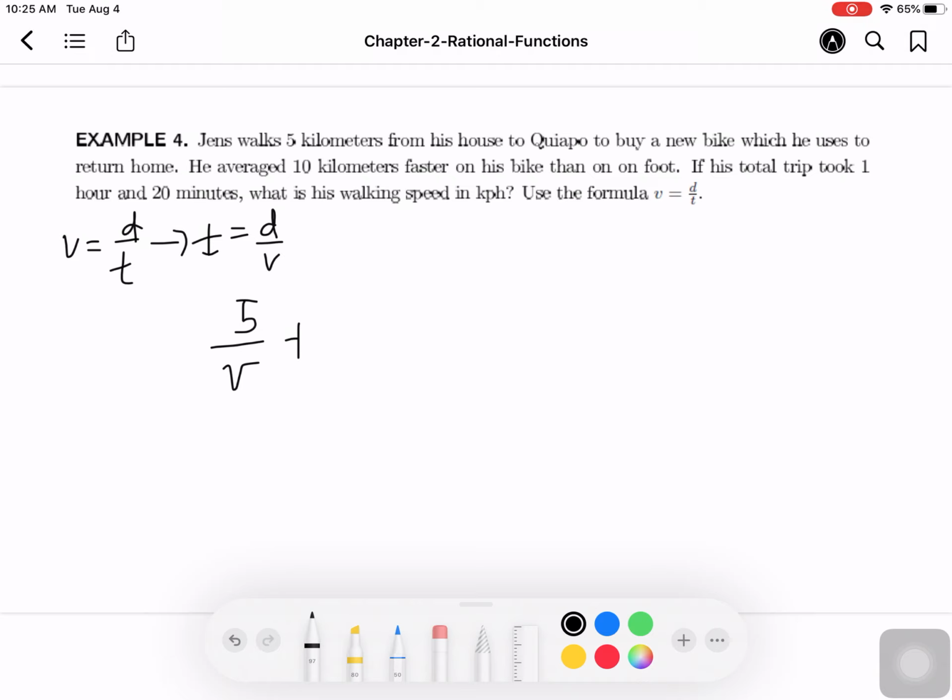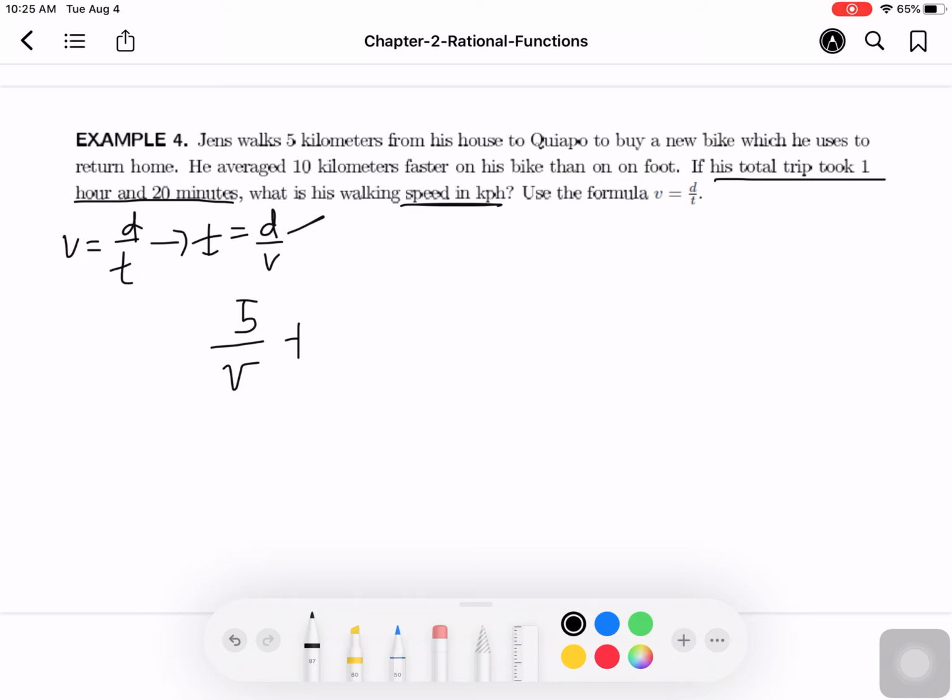the question is, why are we using this T? Because we're given the total trip time. So we will use this so that also we're asked to find the walking speed. This is the V for the average.